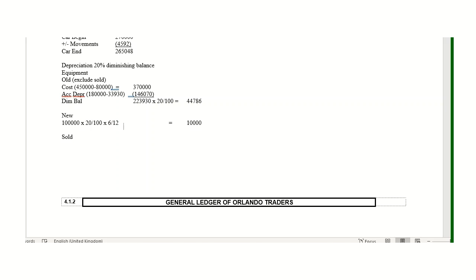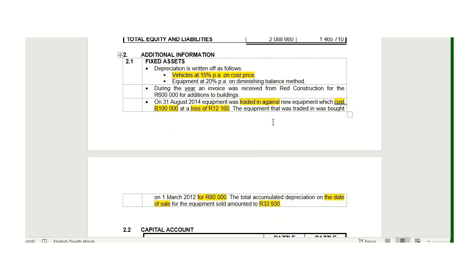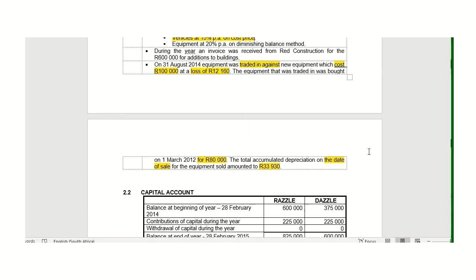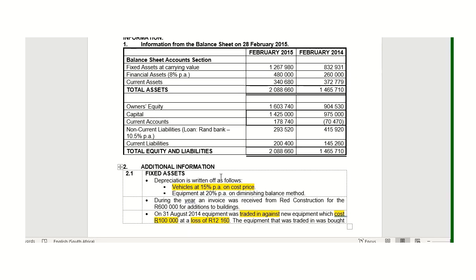Good. Now we get to the one we cannot calculate. The only information they give me for depreciation is the depreciation up to the date of sale. In other words, up until the 31st of August. I need to work out the depreciation for the current year.